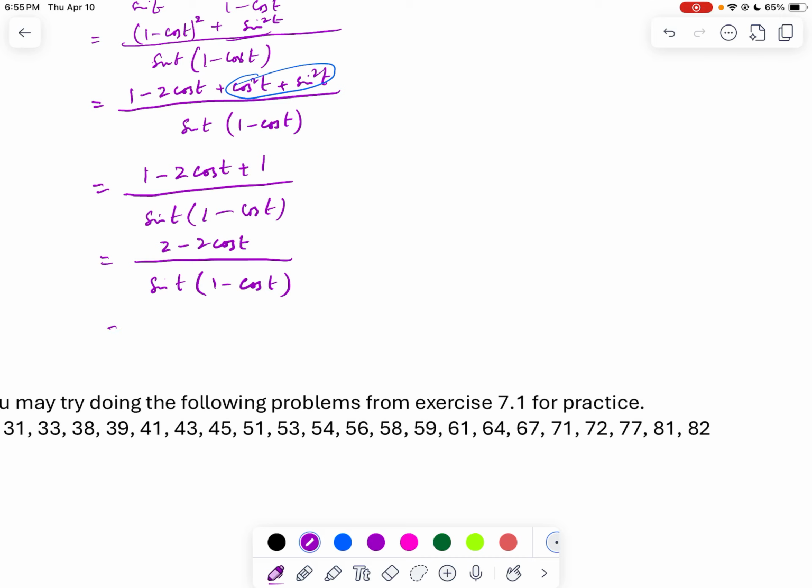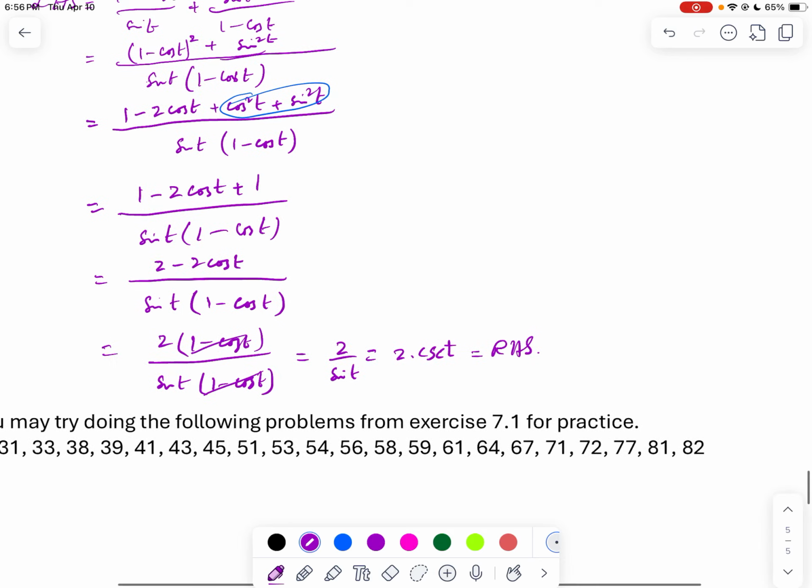So we can factor the 2 out in the numerator. So 1 minus cosine t and 1 minus cosine t get cancelled. We are left with 2 over sine of t, which is the same as 2 times cosecant t, which is the right hand side, which is what we wanted.